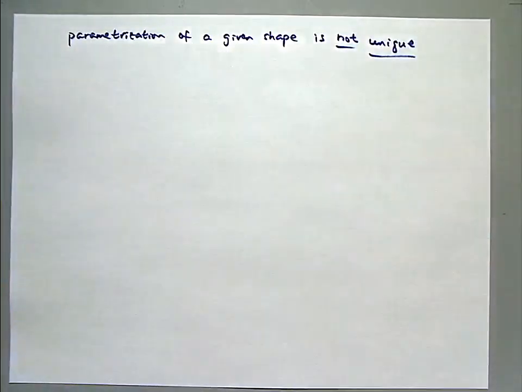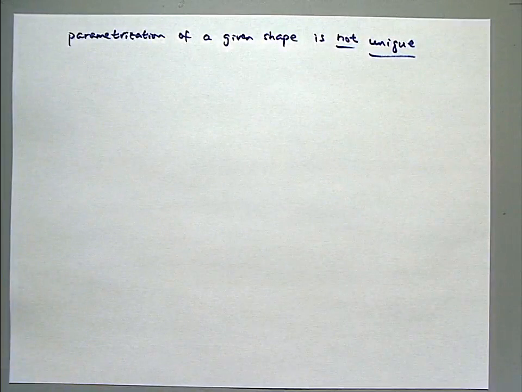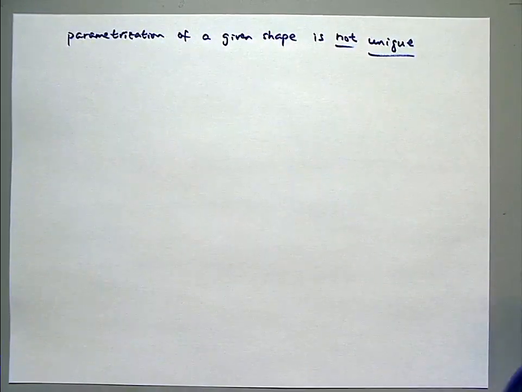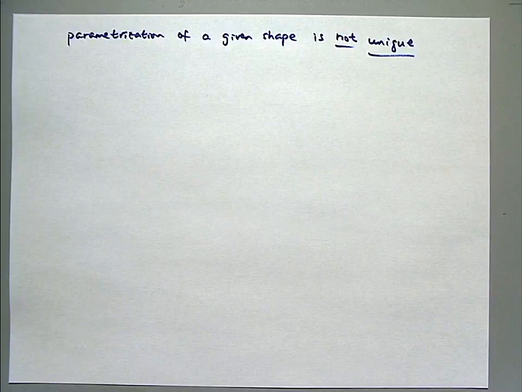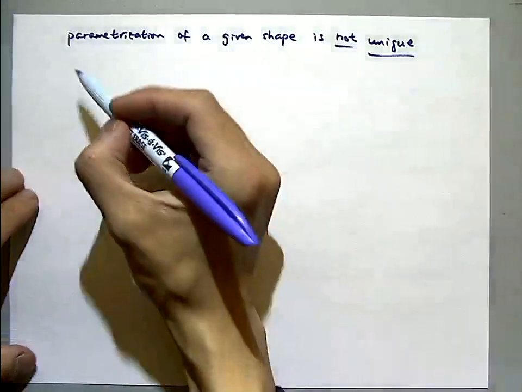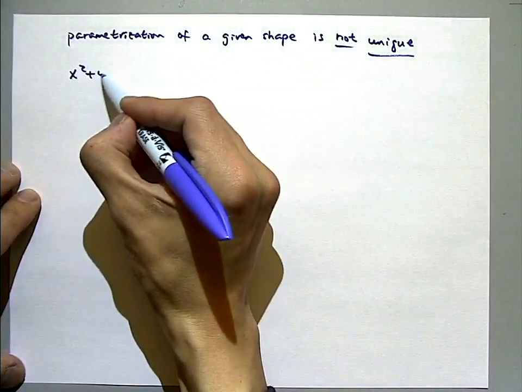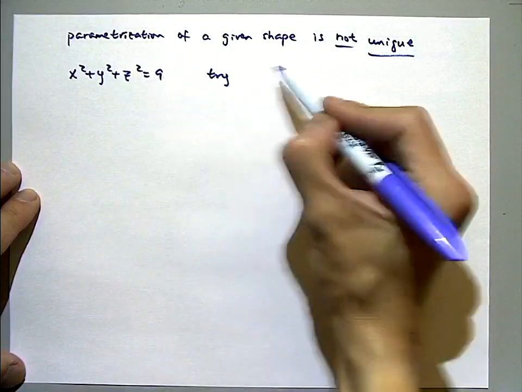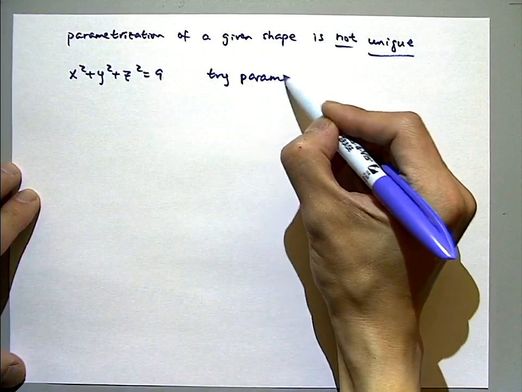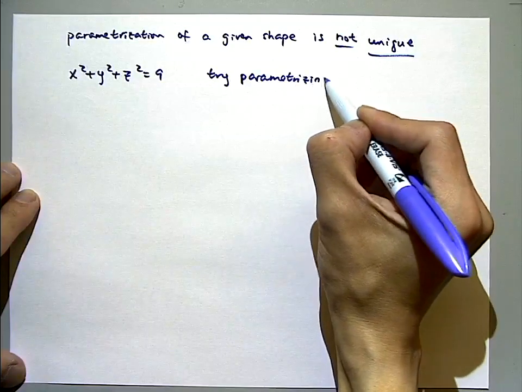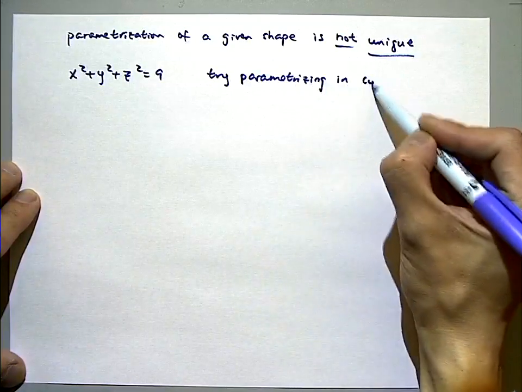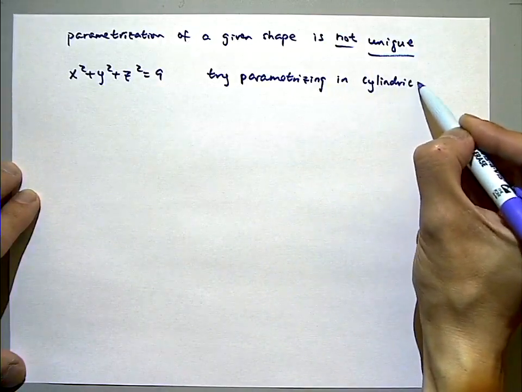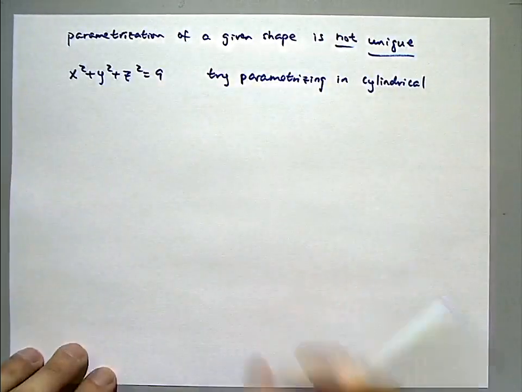There are many, many different ways to parameterize the same shape. For example, I chose to parameterize using spherical. I could have done the same thing with cylindrical, right? So let's try that. Let's try parameterizing cylindrical.